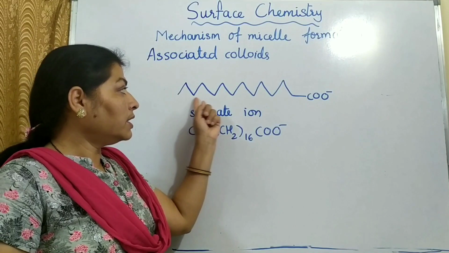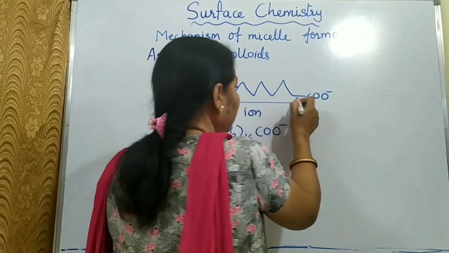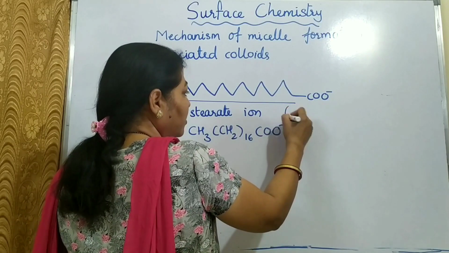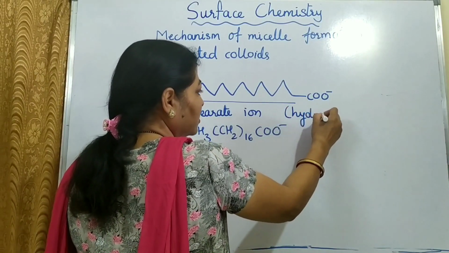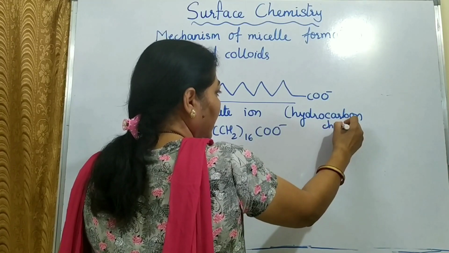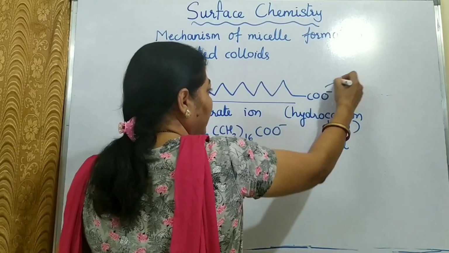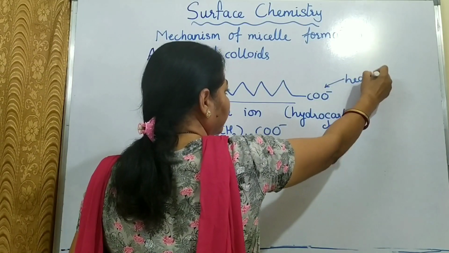Okay, so a soap molecule has two parts. This part is a hydrocarbon chain, and it is also known as the tail, and this part is known as the head part.